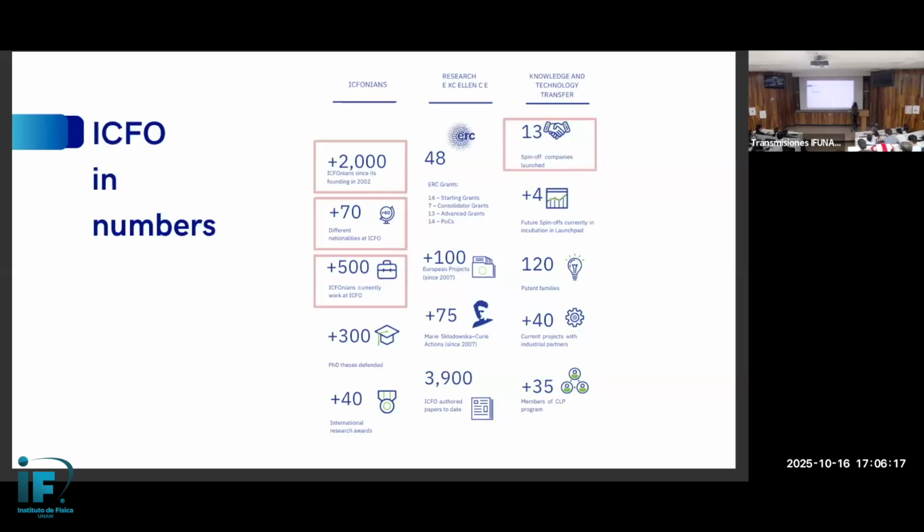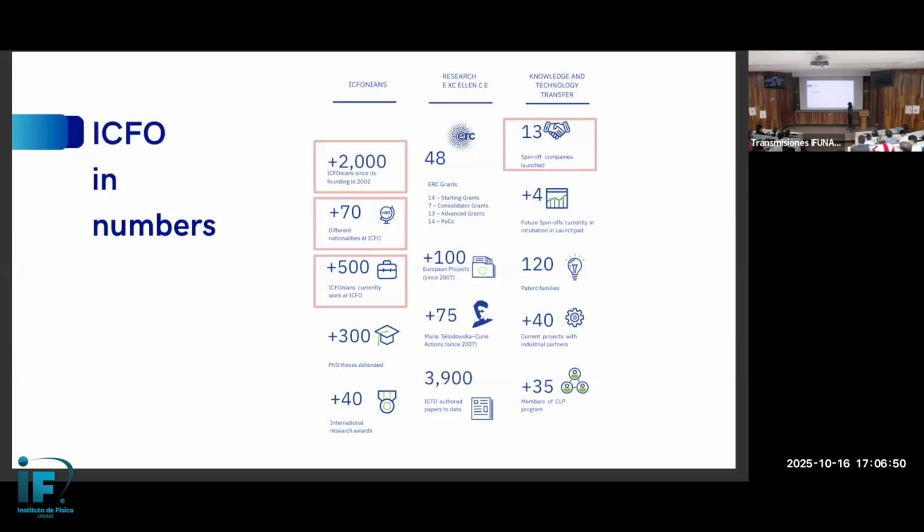So just for you to have an idea of the scale of ICFO, since its foundation, 2,000 people have worked at ICFO, including students, researchers, and administrative staff. We proudly call ourselves ICFonians, and we are already a family of 2,000 people, representing more than 70 nationalities. So making ICFO a truly international place, which I think is one of the strongest points of ICFO.